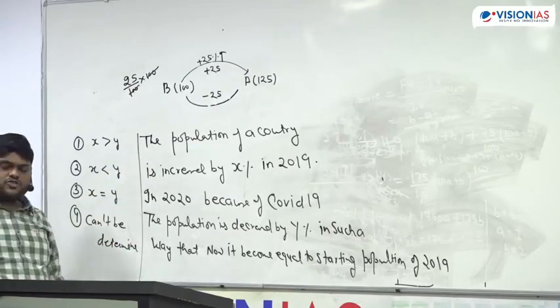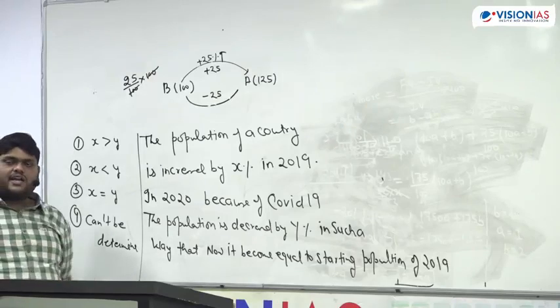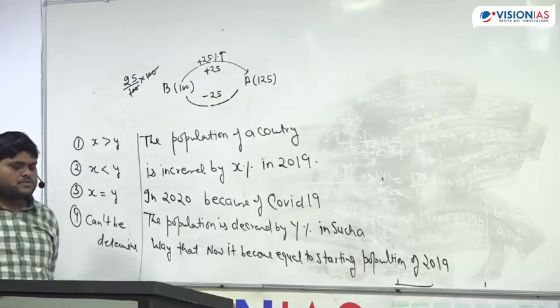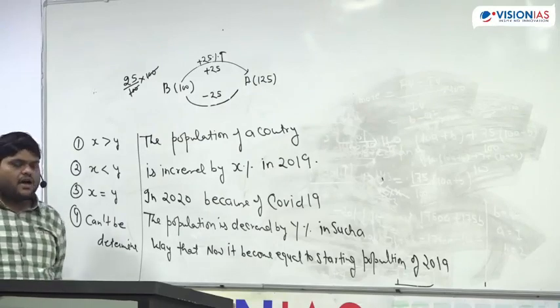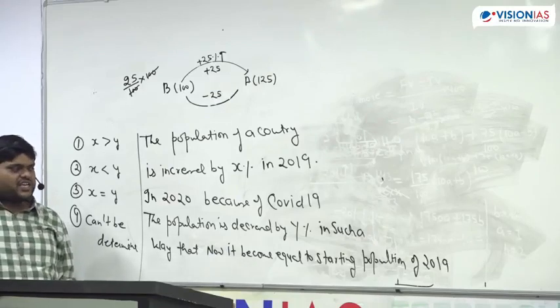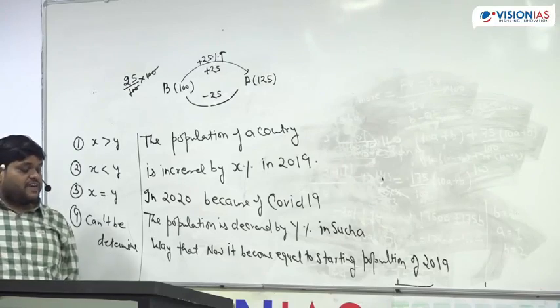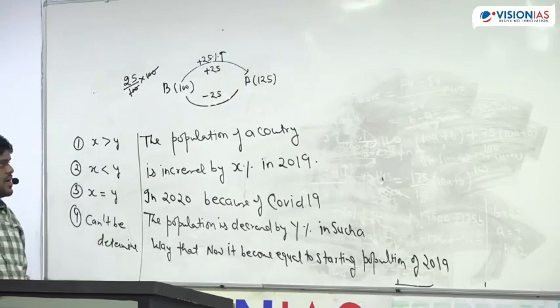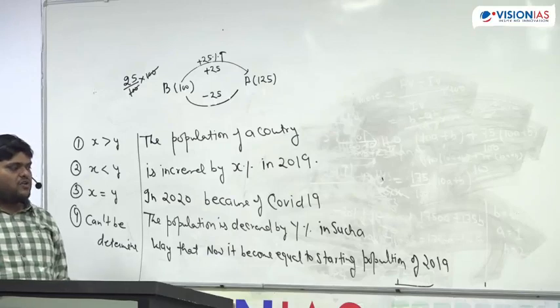I am repeating the question. The population of a country is increased by X percent in 2019. In 2020, because of COVID-19, the population is decreased by Y percent in such a way that now it becomes equal to the starting population of 2019.